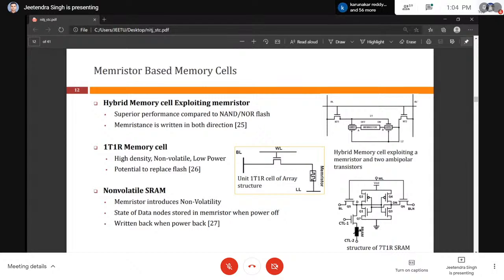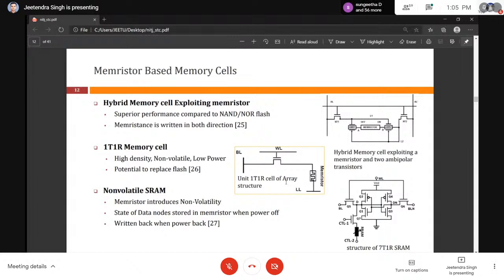So you can see that it is a very scaled device. This is only 10 nanometer, where the capacitors have higher dimensions as compared to this. So it can be just a one T1R cell of an array structure.